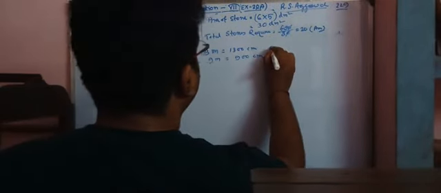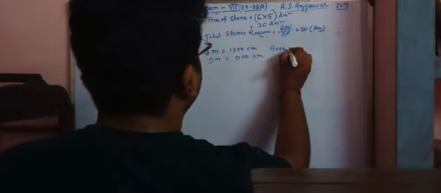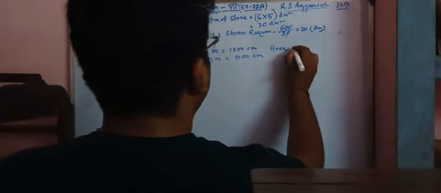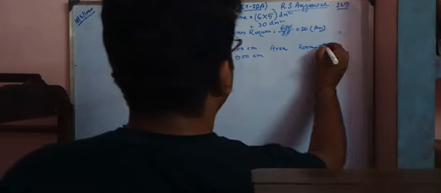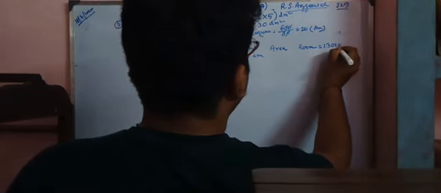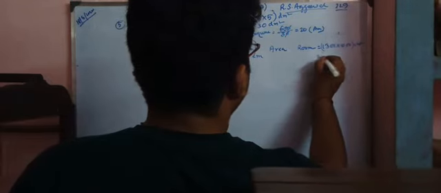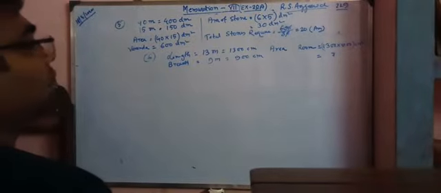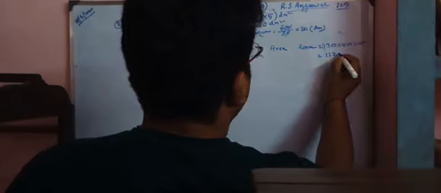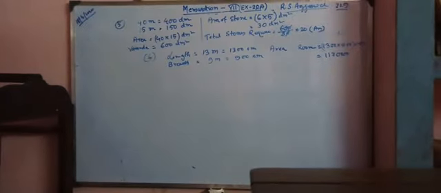So area of room is equal to 1300 into 900, which is 1170000. This will be my result.